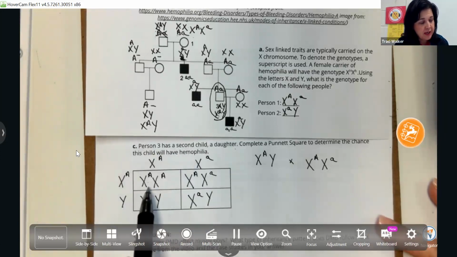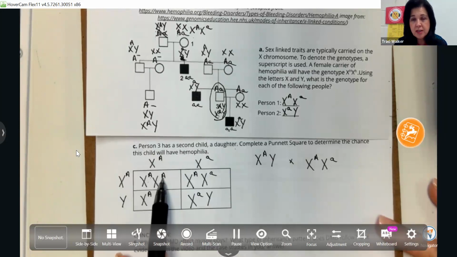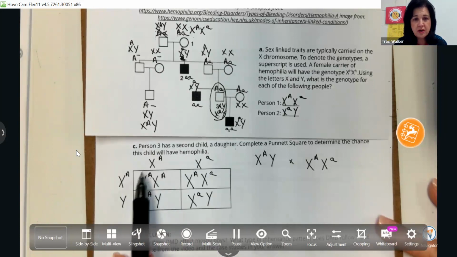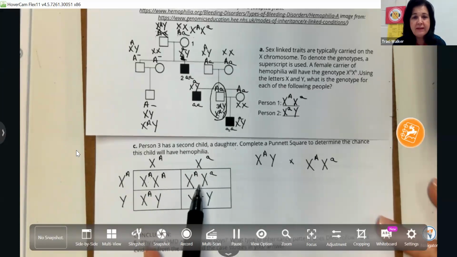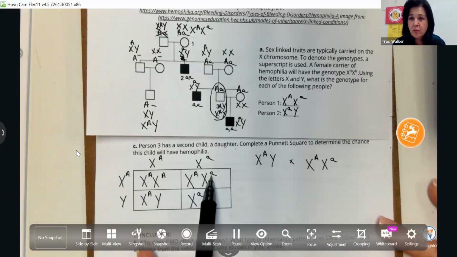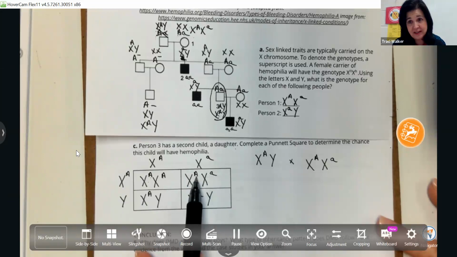Okay, so in this case right here, this daughter will not have hemophilia because this daughter inherited 2 dominant genes, and hemophilia is recessive. So this daughter will not have hemophilia. And this daughter also will not have hemophilia because even though this daughter got 1 recessive allele, they also got the dominant allele.